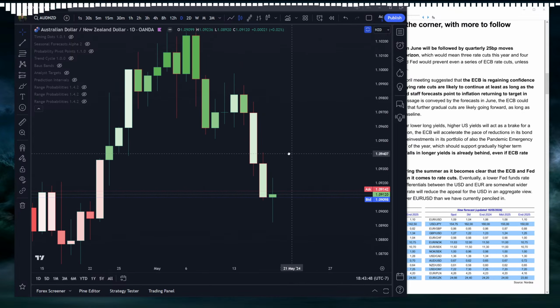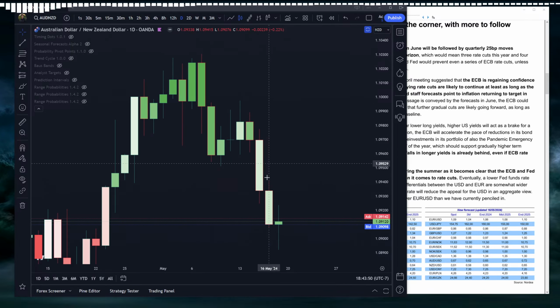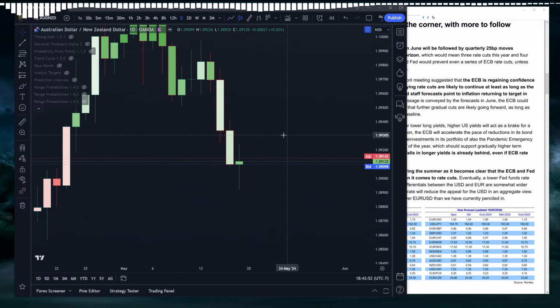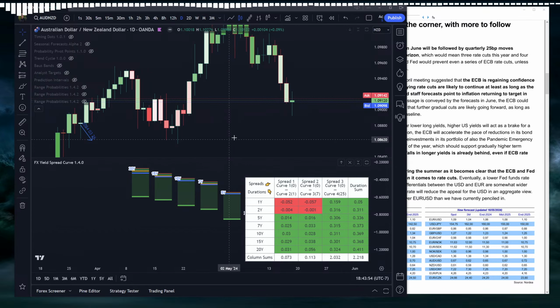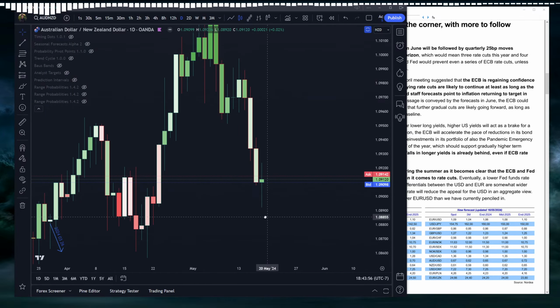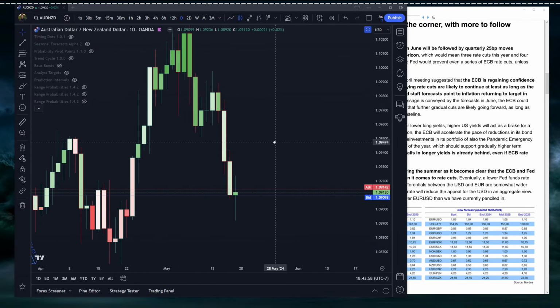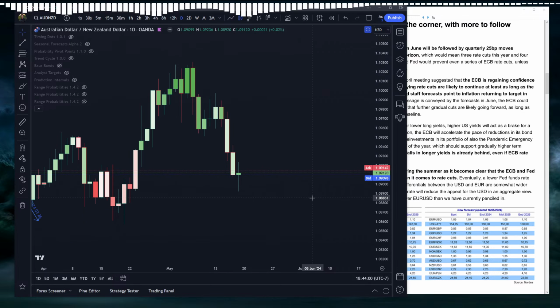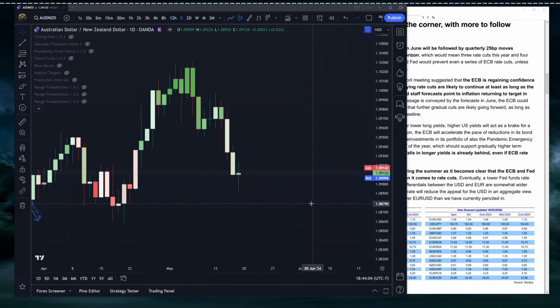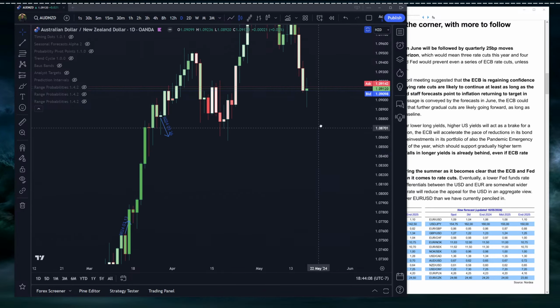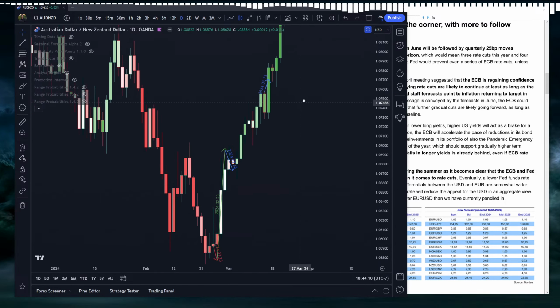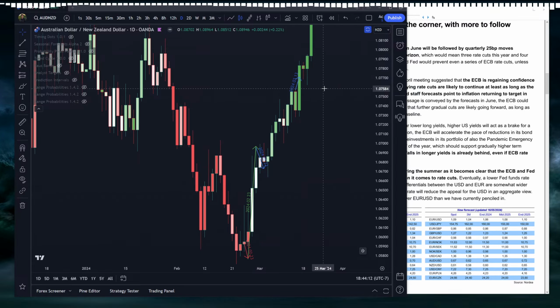Aussie dollar, New Zealand. Yeah, you can see the yield spread started to weaken severely here, but they're actually still doing pretty all right. As New Zealand is expected to maintain their higher rates, geez, look at these yield spread moves.